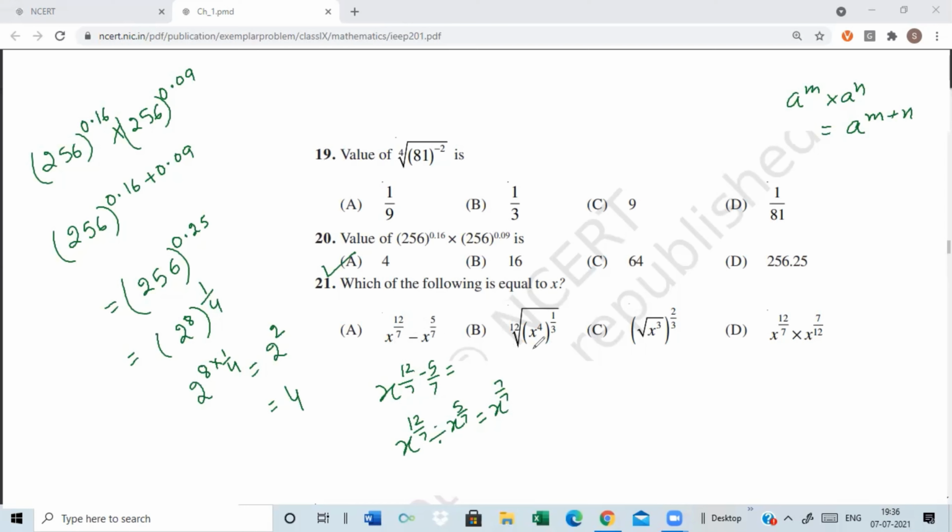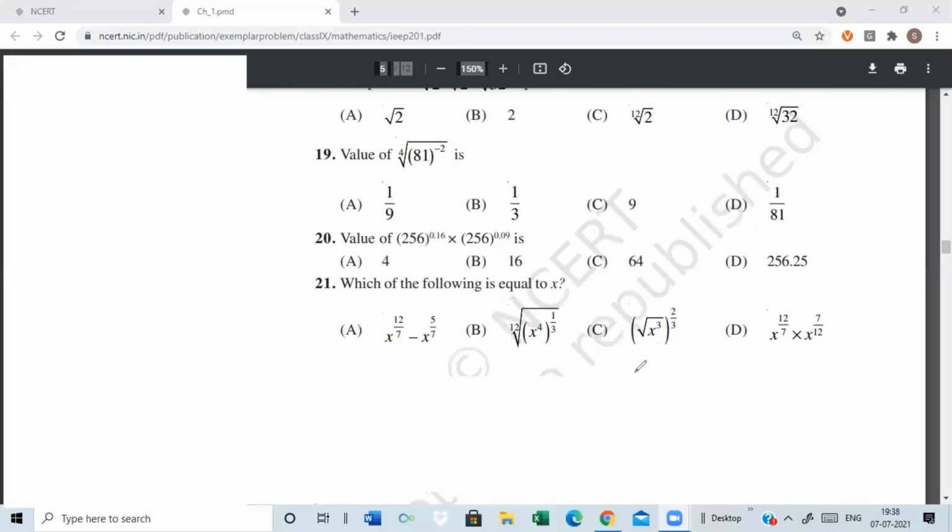Now we go to part B. Let's see here. Root 12, so we will write it as x to the power 4 times 1 by 3 times 1 by 12. This is also not going to be simplified to x, so we leave it here. So yes, square root of x cubed means it's x to the power 3 by 2 and the whole power 2 by 3.